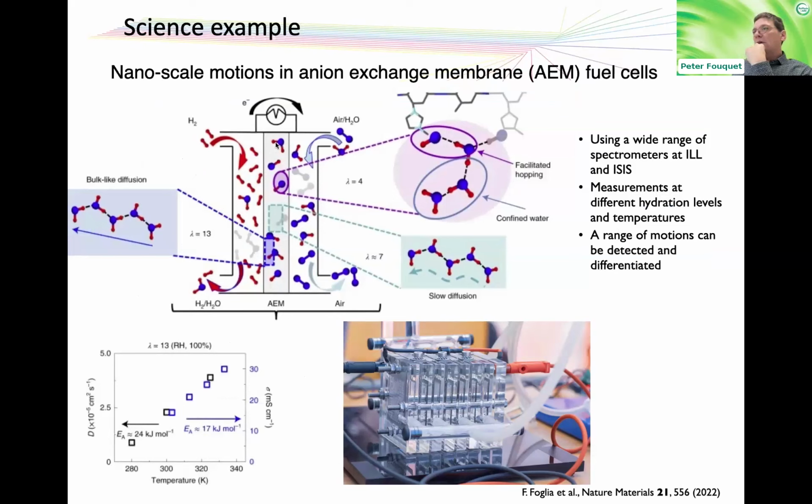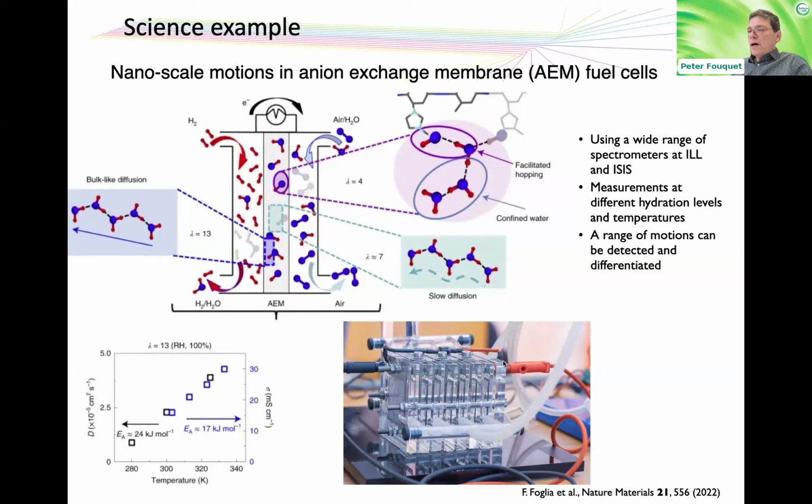This is a study of the motion of hydrogen in all its forms: in the form of ions, in the form of water, in the form of being part of the polymer in fuel cells. They looked at how these different parts of the hydrogen move in this example, anion exchange membrane fuel cells.